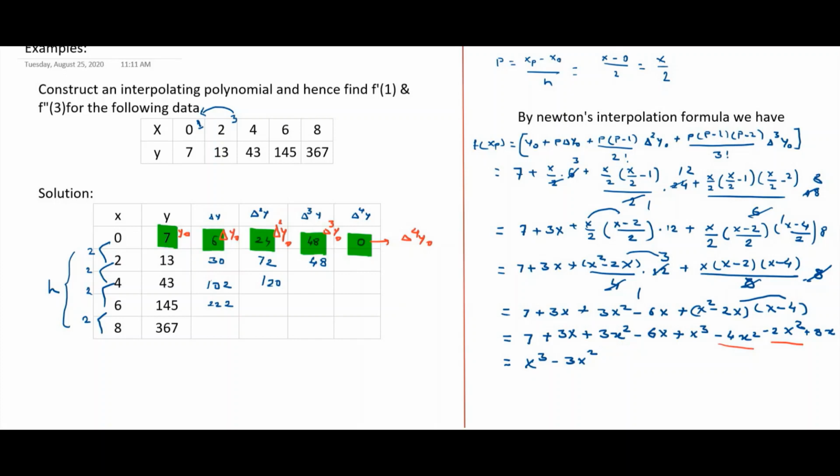Now collect the terms containing x, and they are 3x, minus 6x and plus 8x. So total 3x minus 6x is minus 3x and plus 8x is plus 5x. So that is plus 5x, and constant term, it has only one constant term, that is plus 7. So this is the required interpolating polynomial.